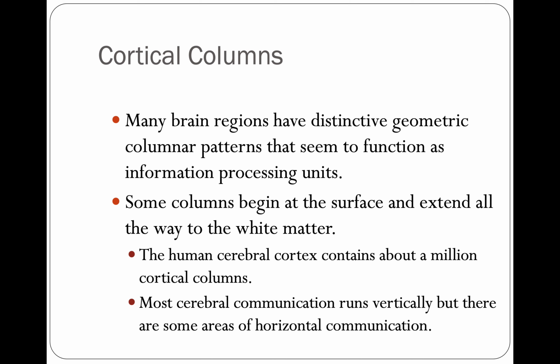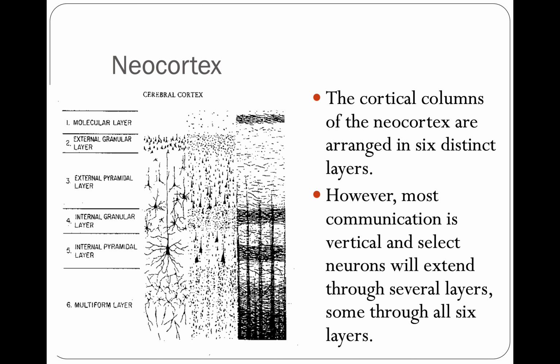So anytime you're asked a question and you need to come up with the answer, you're thinking both horizontally and vertically as far as your pyramidal cells are concerned. Now, all of these have to be arranged correctly, of course, in order for that information to come out. And for most of us, that is the state of our brains. But some individuals, their pyramidal cells are disorganized. And we'll talk about that when we're talking about schizophrenia.